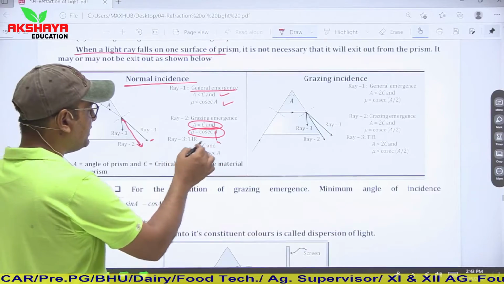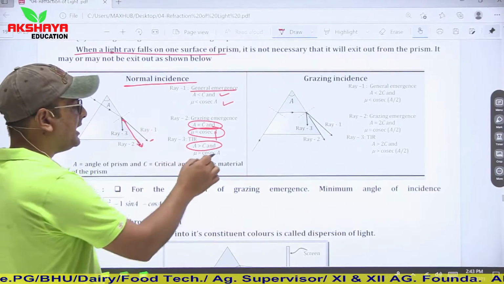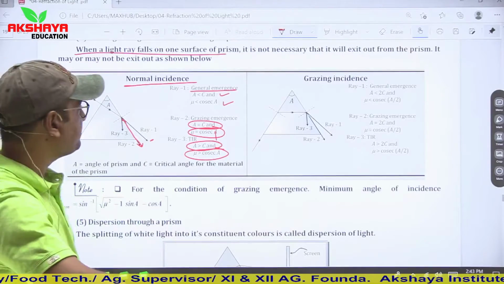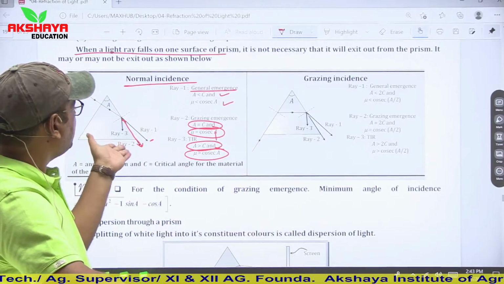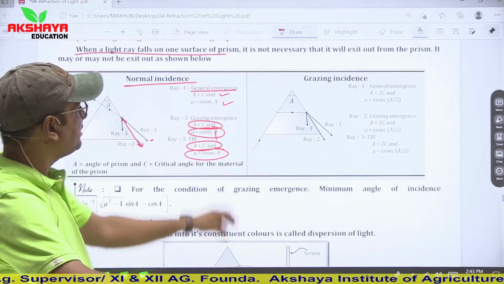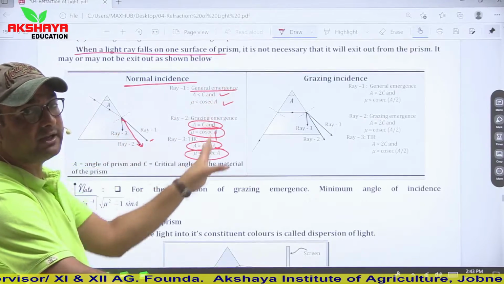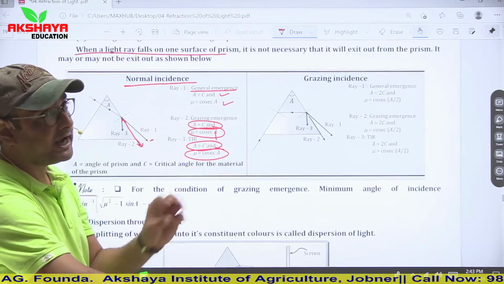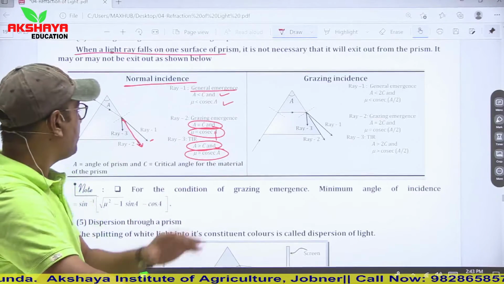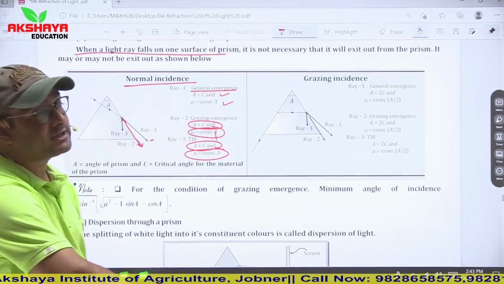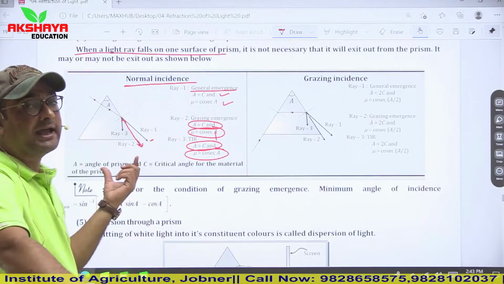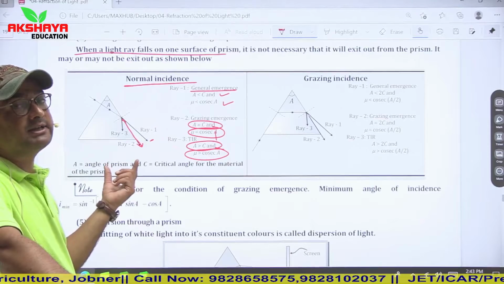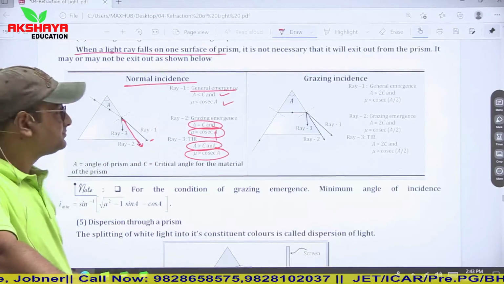So A is greater than critical angle and mu is also greater than cosec A. This is a standard and general relation: if the light ray is outside the prism, then general emergence, where angle of prism is always less than critical angle and mu is less than cosec A. If light is along the refracting surface, then angle of incidence becomes equal to critical angle, and mu is equal to cosec A.